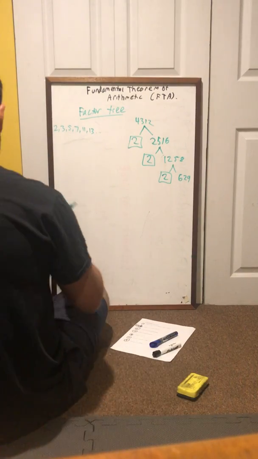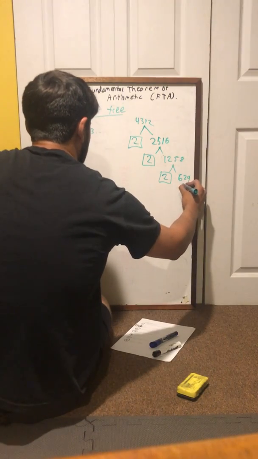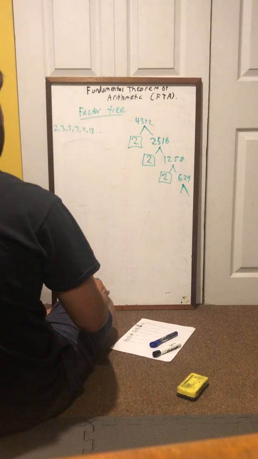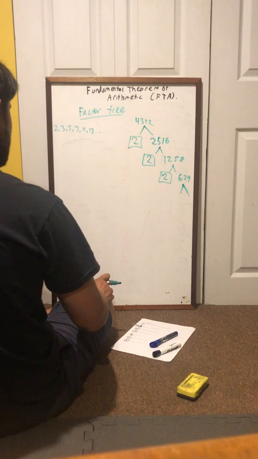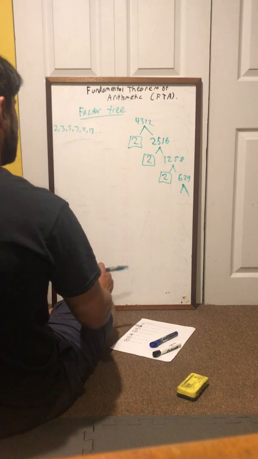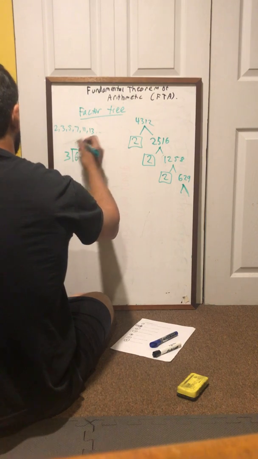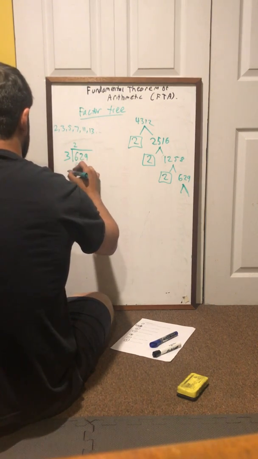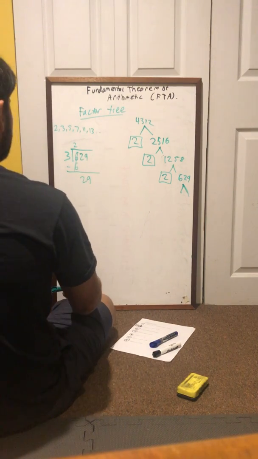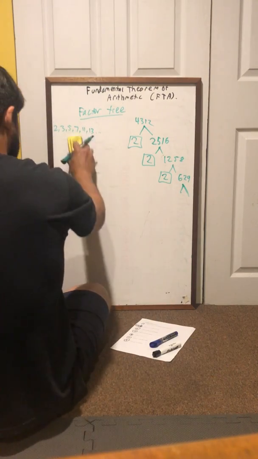Okay, continuing on. Let's see what we could divide 629 by. It's not an even number, so we can't divide 629 by 2. We might be able to divide by 3. Let's see. Oh, looks like we'll have a remainder, so we can't do it by 3.